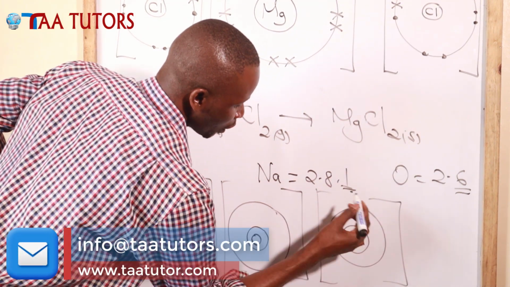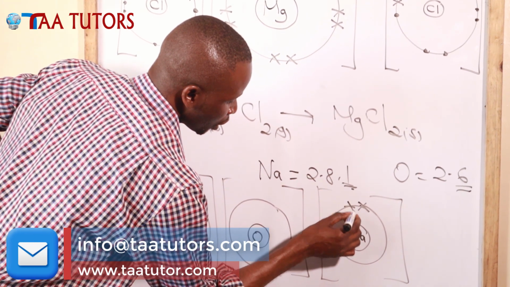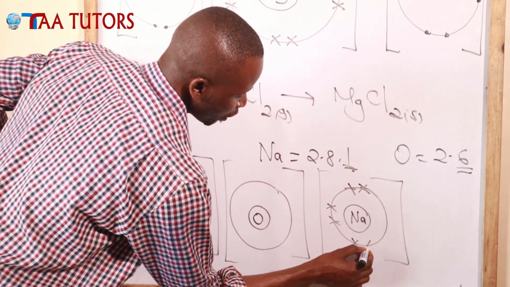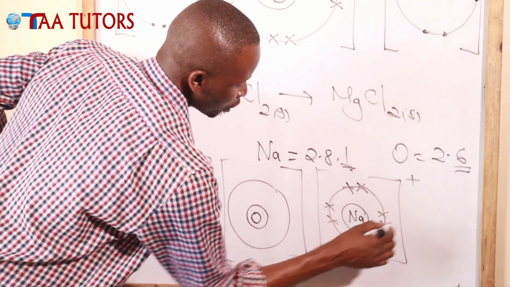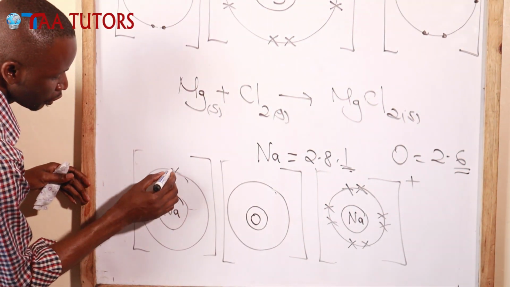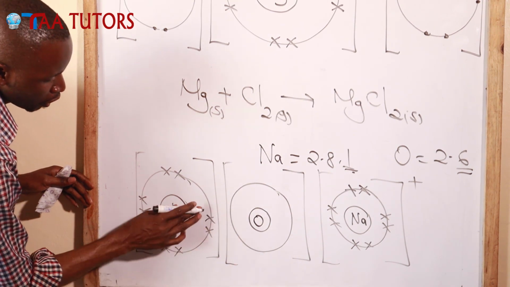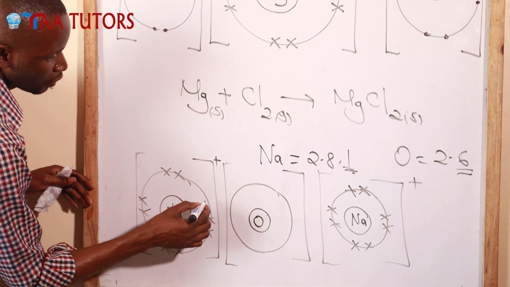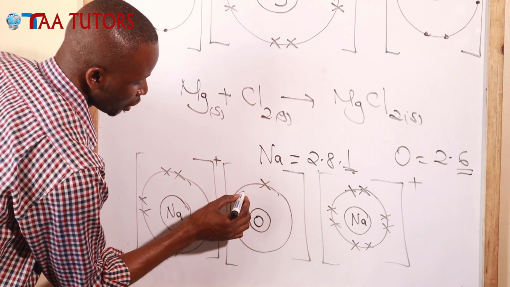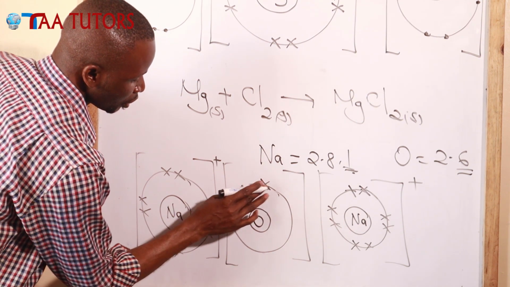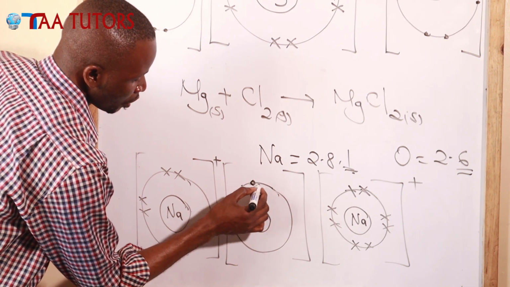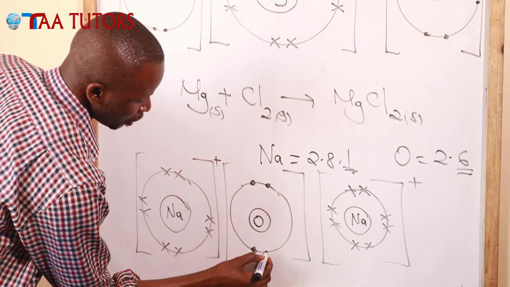So I know that sodium, if it loses 1, it will be having 8 electrons in the outer energy shell. That is positive. This is also the same, 8 crosses because we have lost the one electron, and that is positive. Then we have oxygen here. Let me use dots. Dots for oxygen.